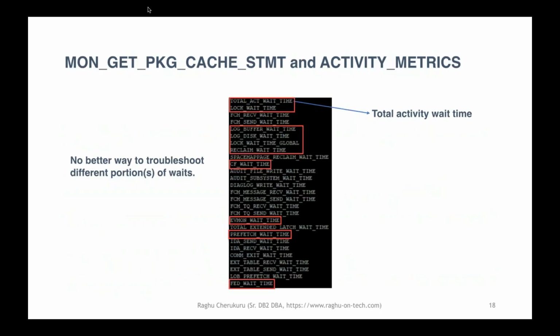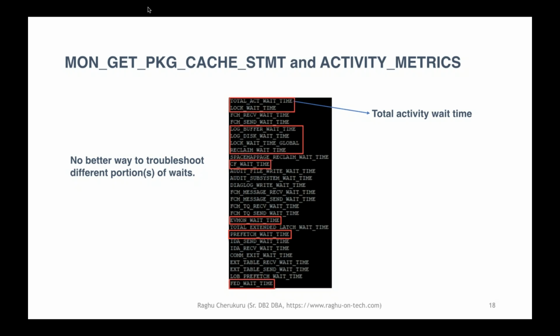Another thing is mon-get package cache and the activity metrics are really great these days, because if you're troubleshooting a slow query or something like that, and you are trying to capture different wait metrics for that SQL, I don't think there is a better way to troubleshoot than mon-get package cache statement or activity metrics. I use this a lot in pureScale. You can check for CF wait time and the reclaim wait time.